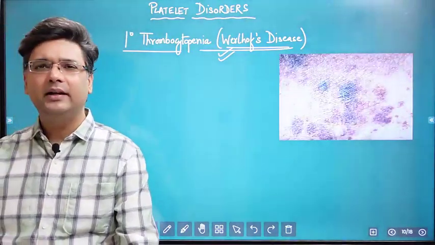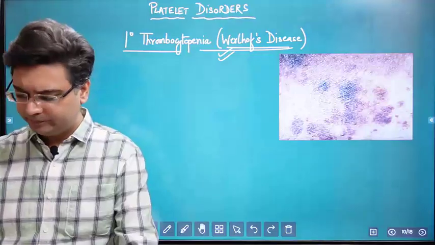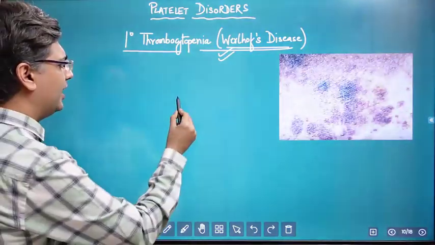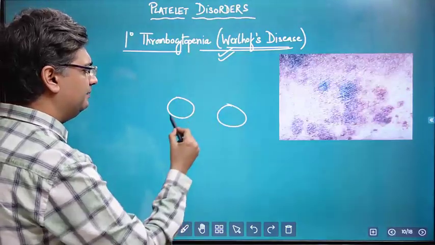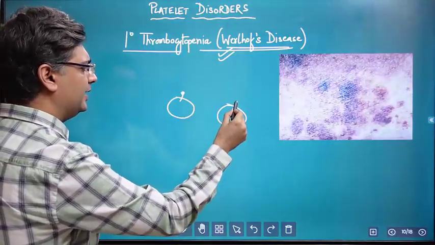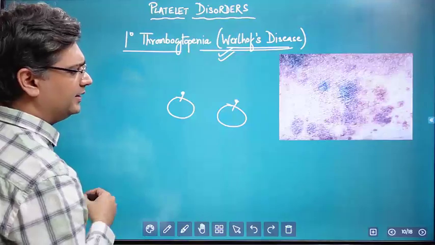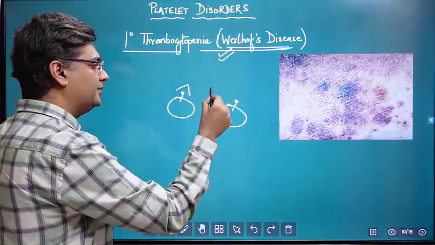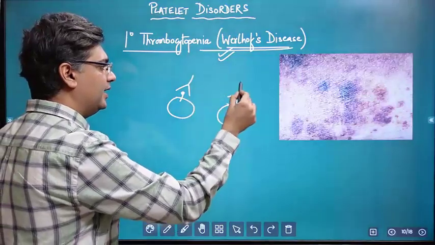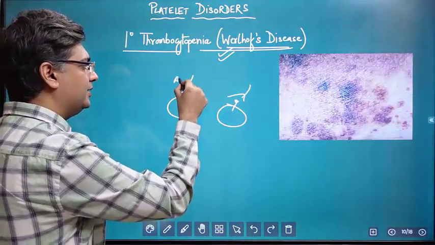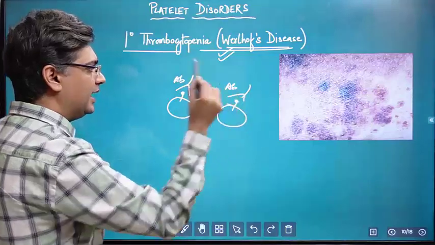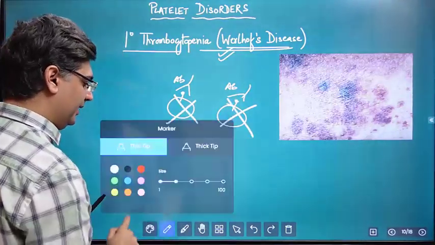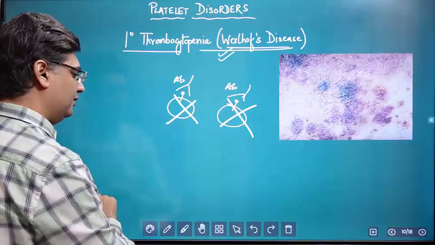Now this basically is an autoimmune disorder, and here what happens, see, you have these platelets, and platelets sometimes have certain antigens, that is normal, but then sometimes your own body starts detecting these antigens and starts forming antibodies against them, and when the antibodies are formed, then for sure the platelets are going to be destroyed.